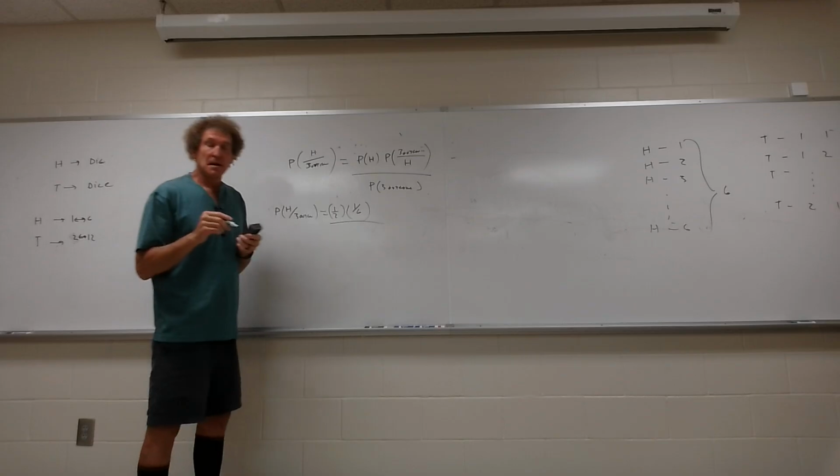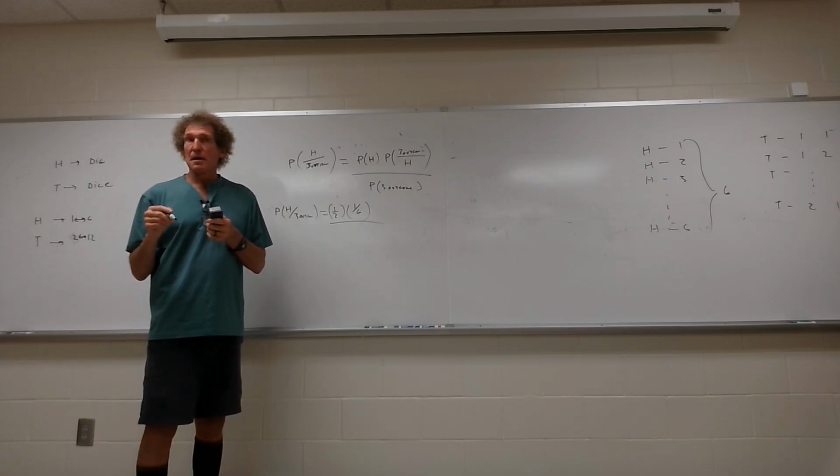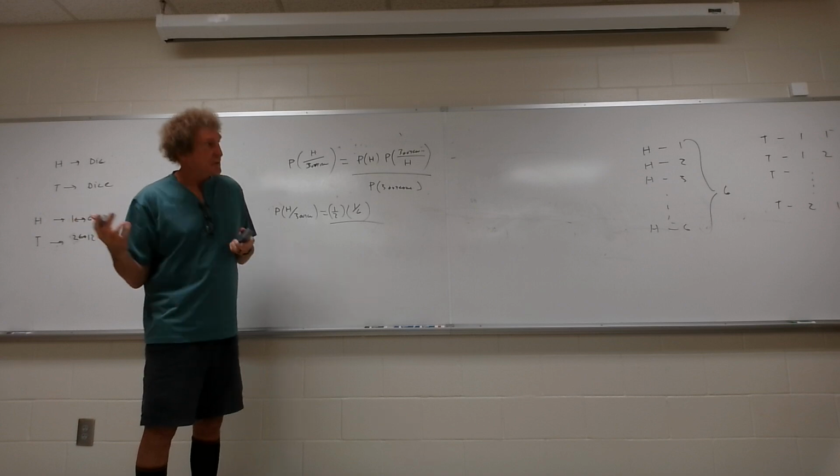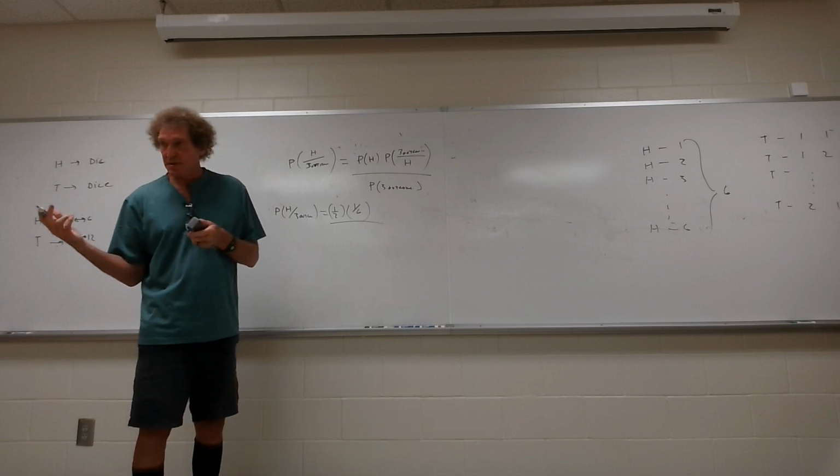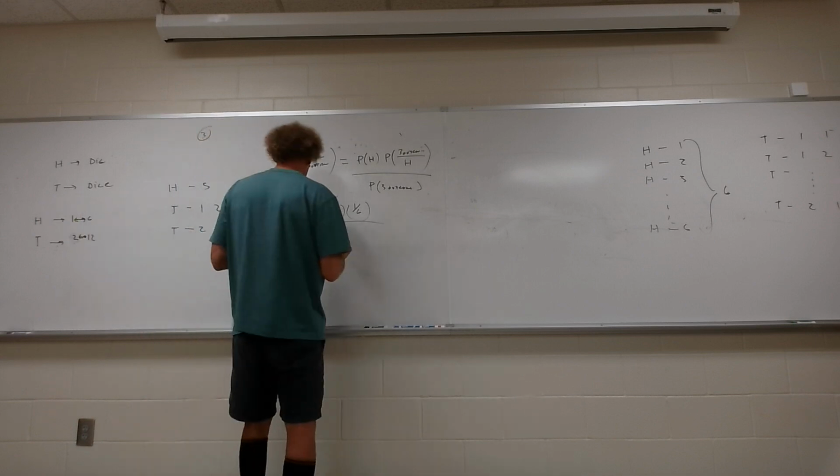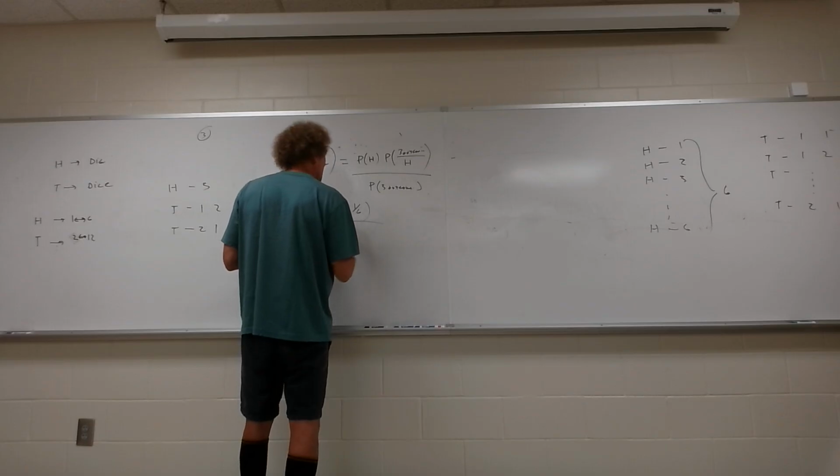3 over 42. Is that all? Because you take the entire space. Yeah, so it's going to be 6 and 36, right? So I just put, wait a second.